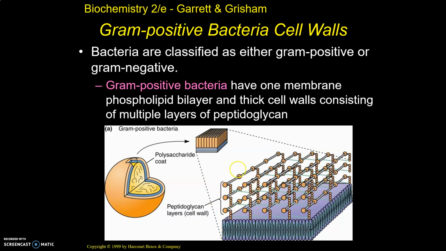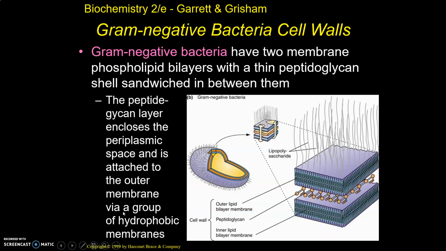Here are our polysaccharide chains, and these are linked together through tetrapeptide chains, which are the little circles. We'll talk about this green line in a second, because there's another linkage here in gram-positive bacteria, because this is occupying a very large space. It's being a protective coating.